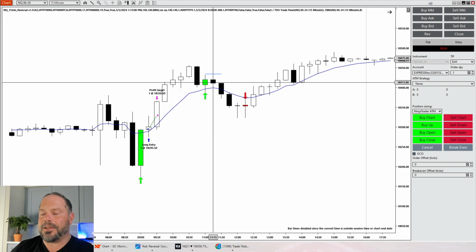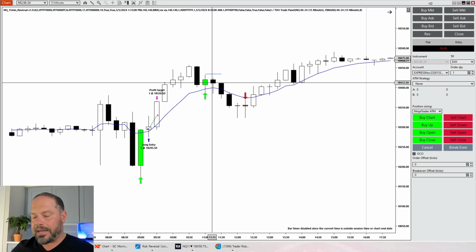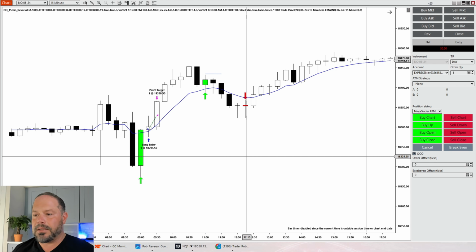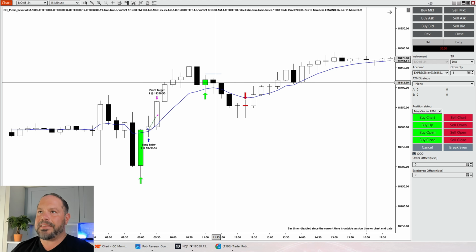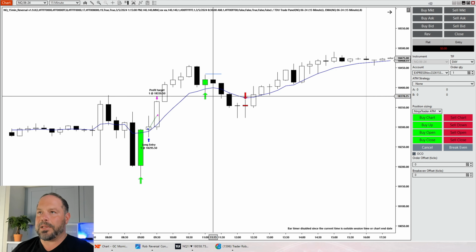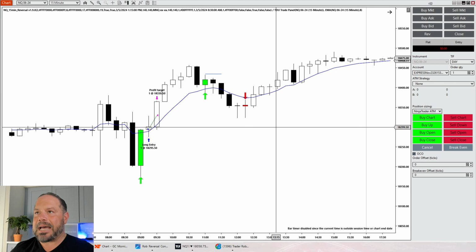If the next consecutive candle goes opposite of the direction that you need it to go, so if we're going long and it's a down candle, the entire trade, how I trade it, is invalidated. Another scenario would be if the next candle crosses and closes below the 8 EMA in the opposite direction, this trade is no longer valid.